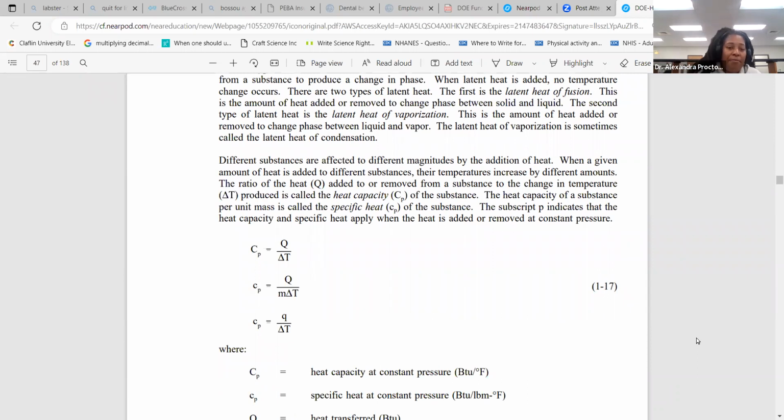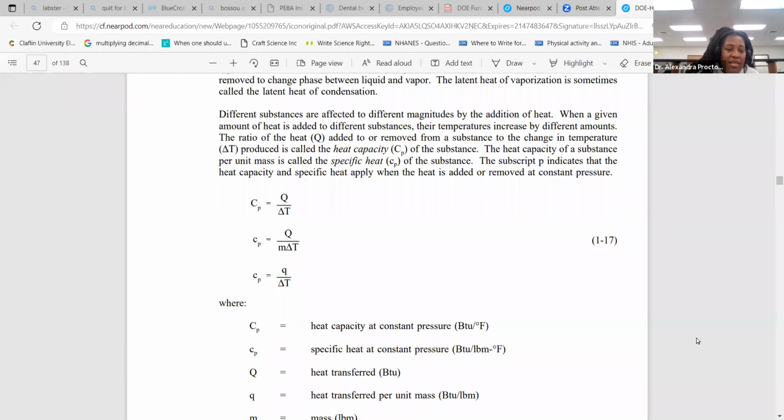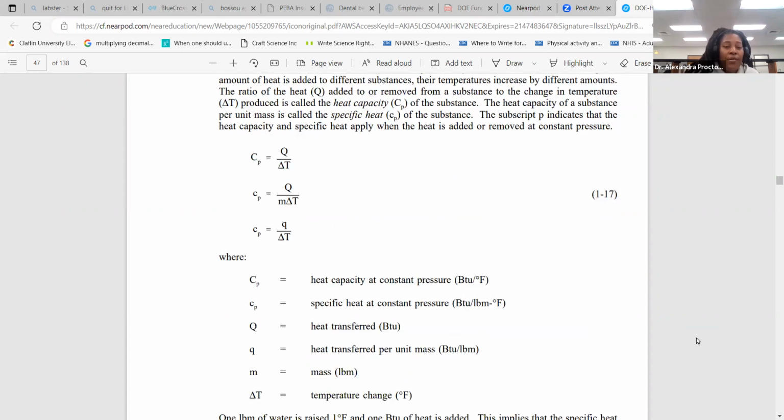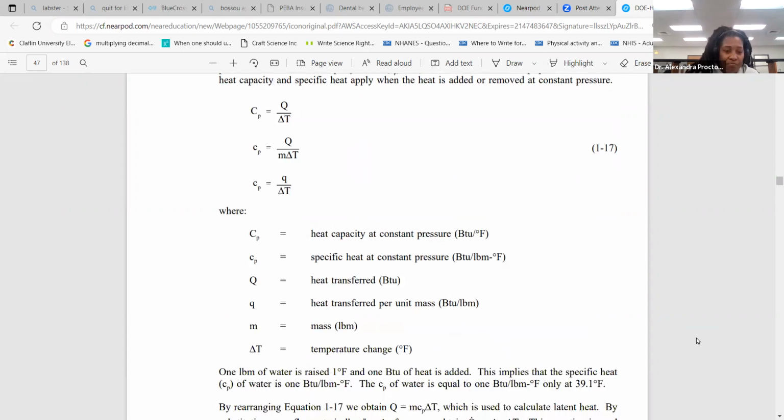Okay, so capital CP is equal to Q over delta T, lowercase cp is equal to capital Q over M delta T, and CP is equal to Q over delta P. So the capital CP is the heat capacity, and that's in BTU per degree Fahrenheit.